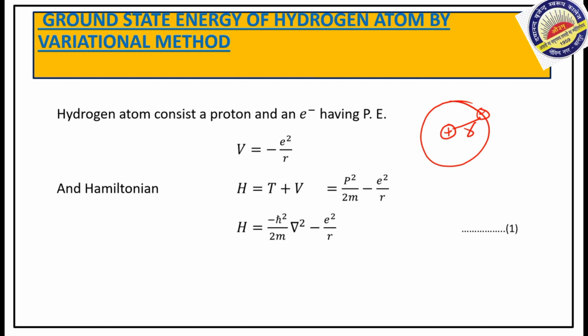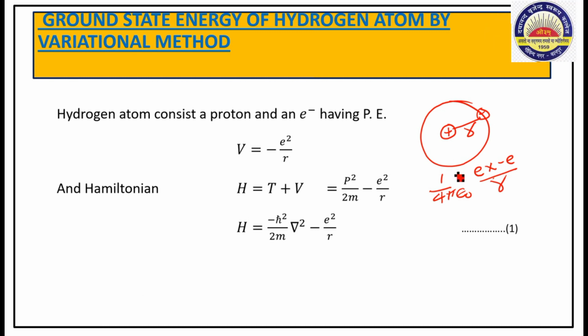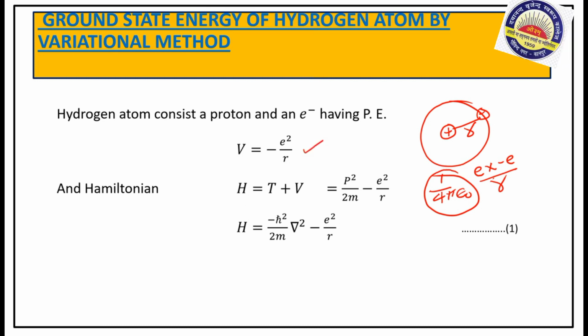So the potential energy is 1 upon 4 pi epsilon naught into minus e squared upon r, that is minus e squared upon 4 pi epsilon naught r. But you can ignore this constant term and take the potential energy as minus e squared upon r, where e is the electronic charge and r is the separation between proton and electron.